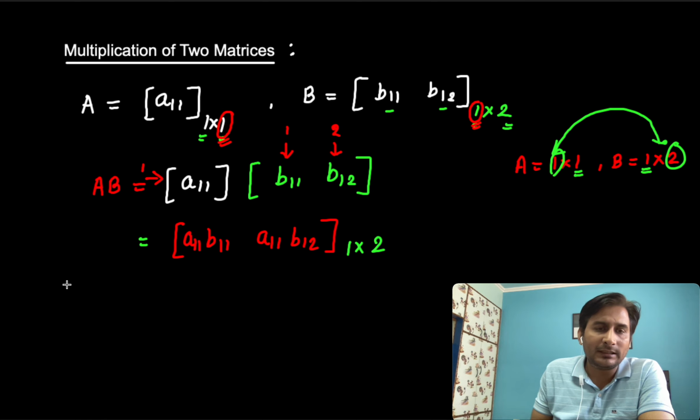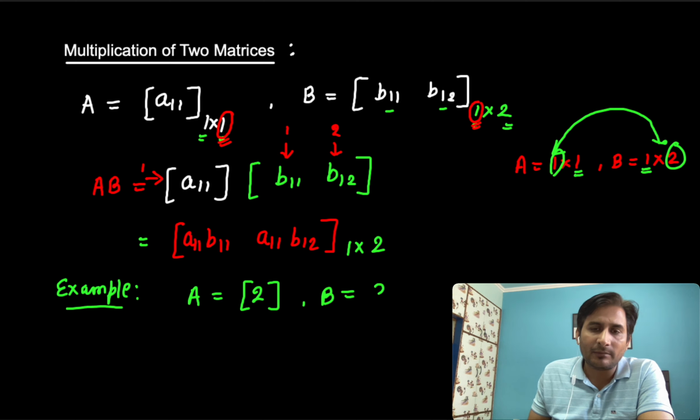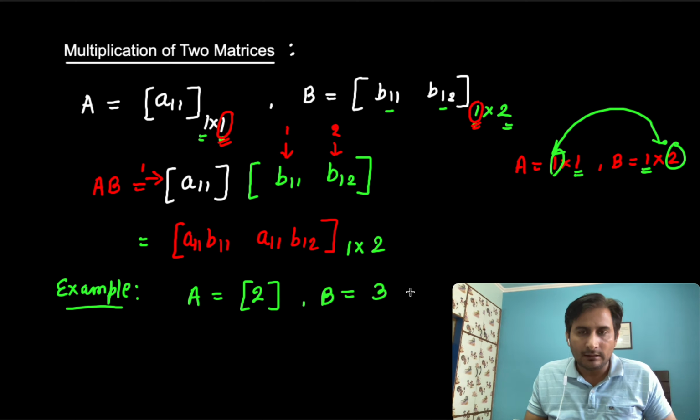Let me explain this with the help of an example. Suppose matrix A has the number 2 and matrix B has the numbers 3 and 4. So these are the two elements in this matrix.